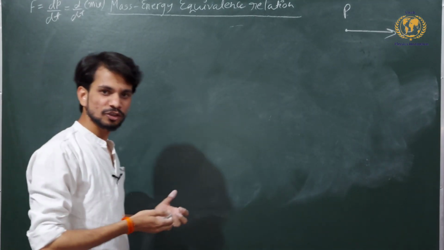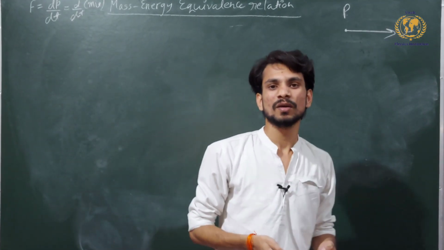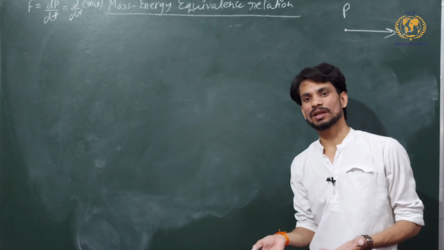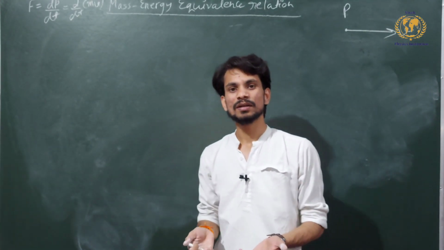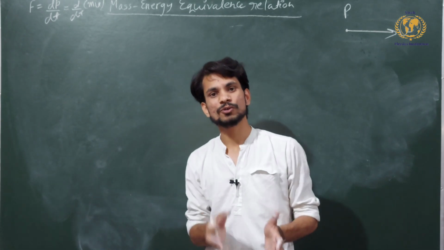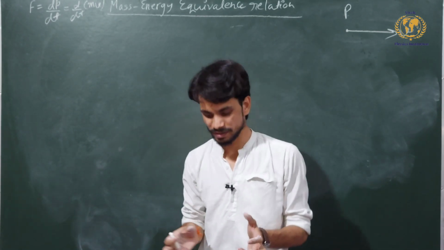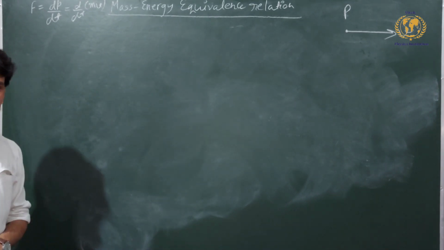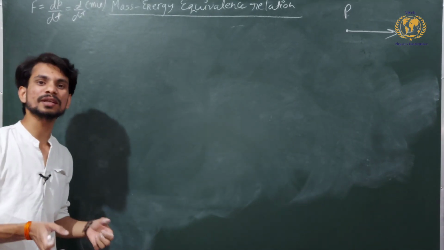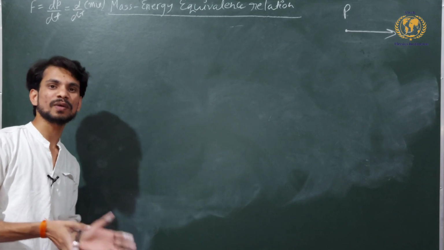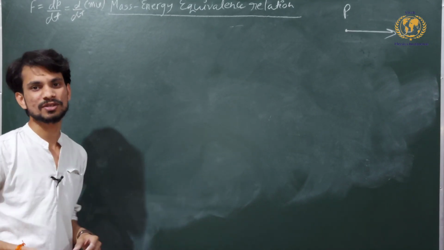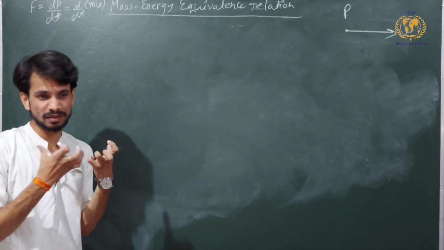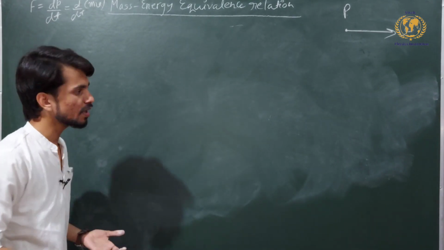According to the special theory of relativity, when any particle or object moves with some velocity, its mass also varies. This is a very interesting fact of the special theory of relativity: mass is not constant during the motion, it varies as the velocity of the particle changes. At very high velocity, mass changes at a very high rate.